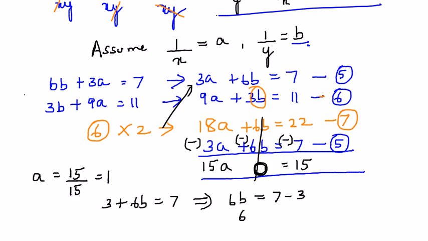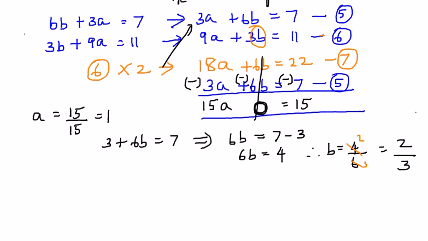Therefore we get 6b is equal to 4 and therefore b is equal to 4 by 6. On simplification, ரெண்டுமே 2ல divide பண்ணோம்னா this becomes b is equal to 2 by 3. Good. So we have found a is equal to 1 and b is equal to 2 by 3.